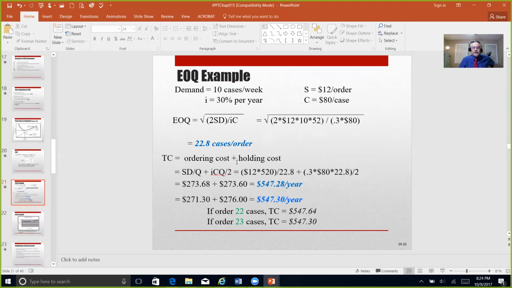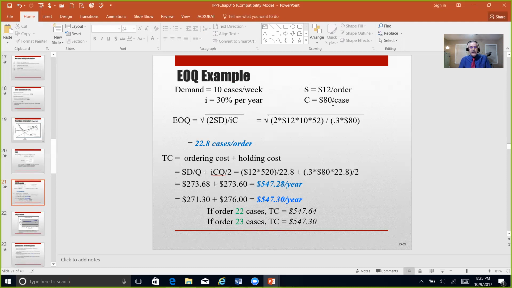Here's another example of using the EOQ formula to determine how many cases I need per year. You can see the information provided in this example, where I've got my demand, my interest, and my cost per order, in weeks per year and orders per case.